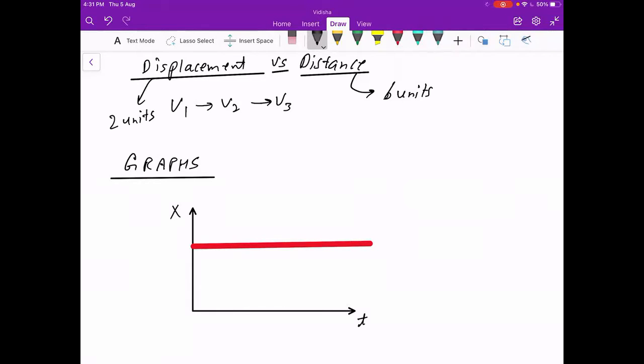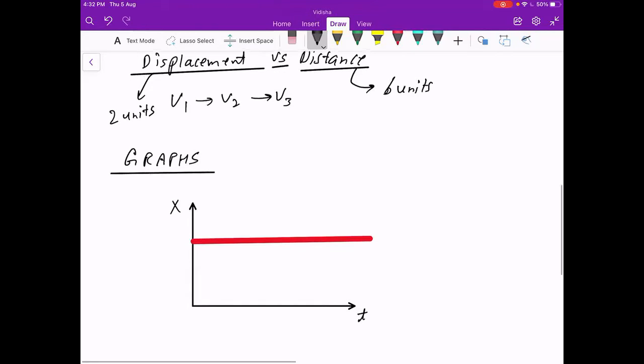Time graph, right? Yeah, this is a position time graph. The body is at rest. Body is at rest. Anything else you can say? Nothing else? No more information you can provide me?